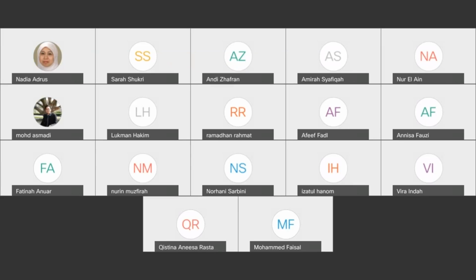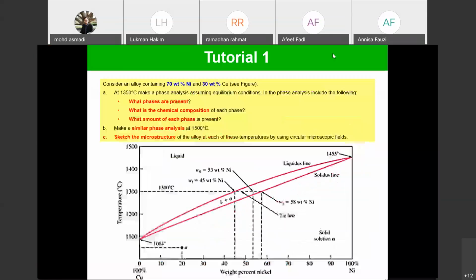If you look here, definitely, if we draw horizontal and vertical at 60% of nickel, it's going to be 100% of liquid. Okay, 100% of liquid. That one is for B.